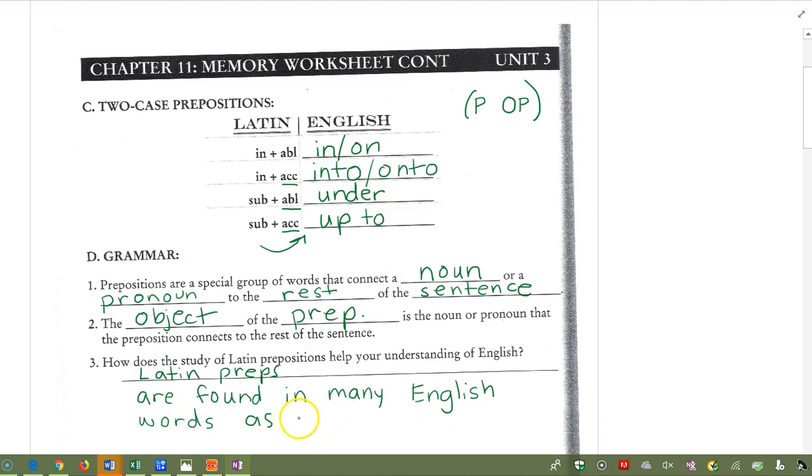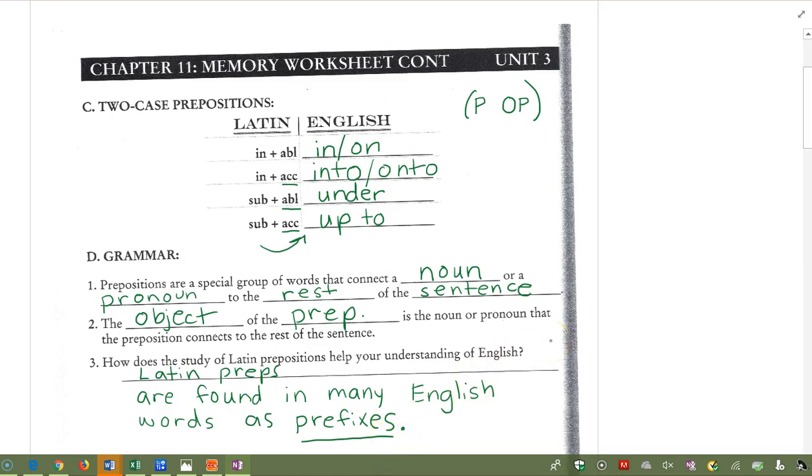They are found as prefixes. We see a lot of prefixes in our English words that come from the Latin prepositions. I'm wondering if they come in as suffixes too. Not so much, I don't think. So we're going to look at them mostly as prefixes. So there we go.